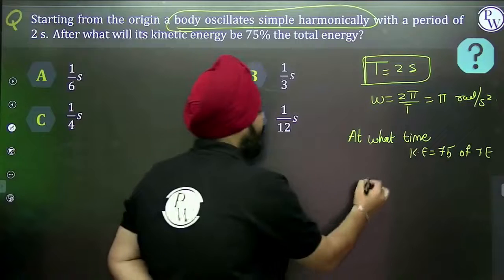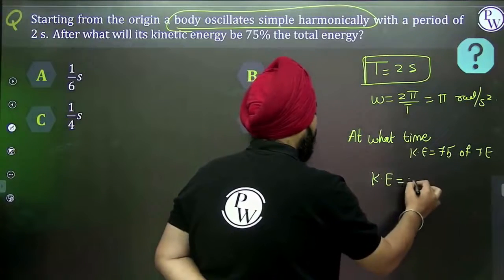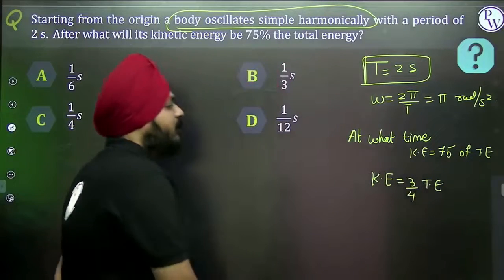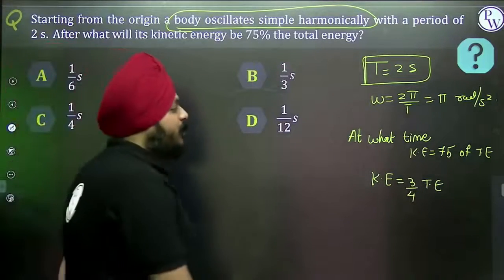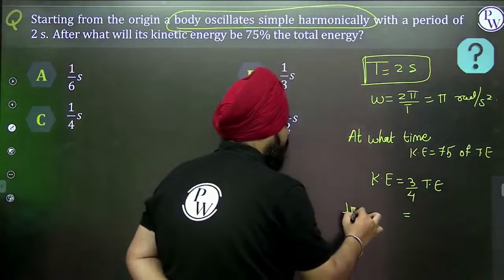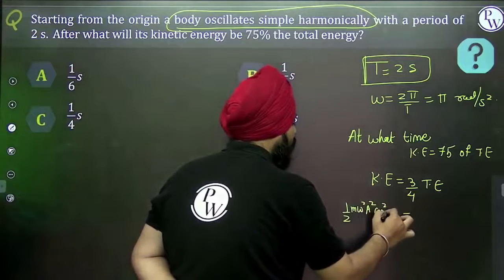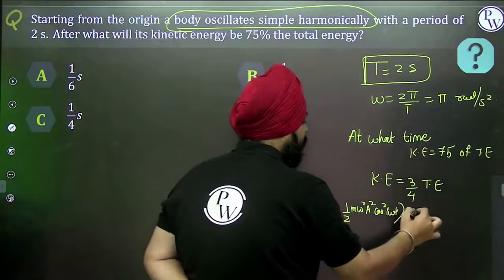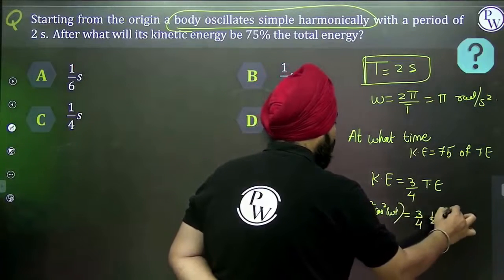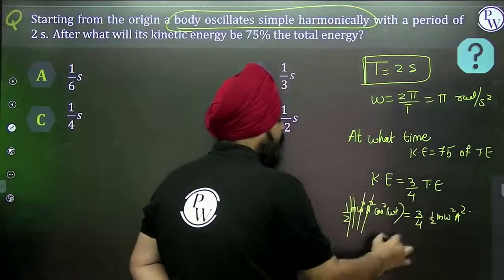So it means kinetic energy is equal to 75%, that is 3/4 of the total energy. What is the equation of the kinetic energy? That is half m omega square a square cos square omega t. What is the equation of total energy? Half m omega square a square.